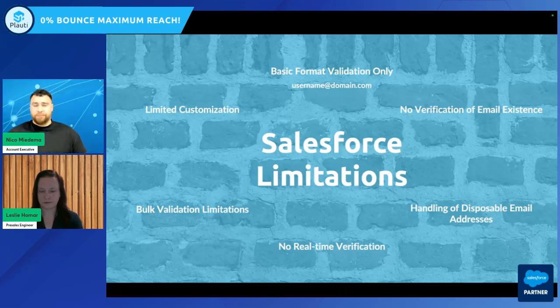Starting at the top, basic format validation only. This is what I mentioned, checking only username@domain. So that's a basic format for email validation. Funny story. One of the companies I was working with had a chatbot, and for end users to be able to close that chat box, they needed to enter an email.